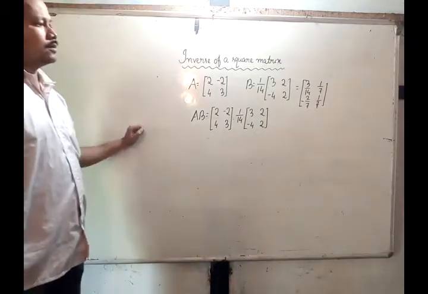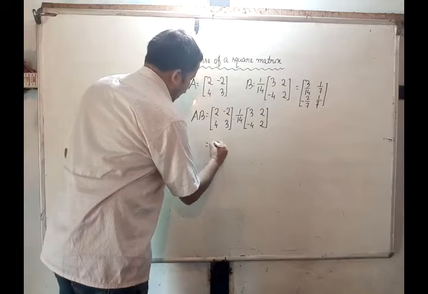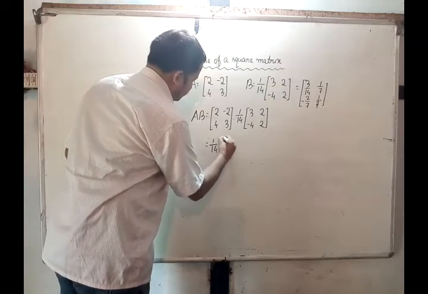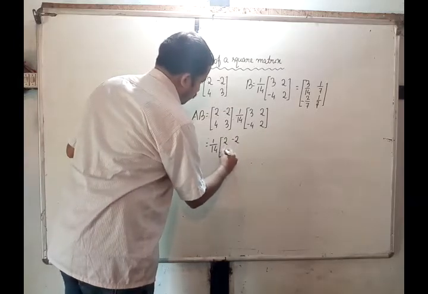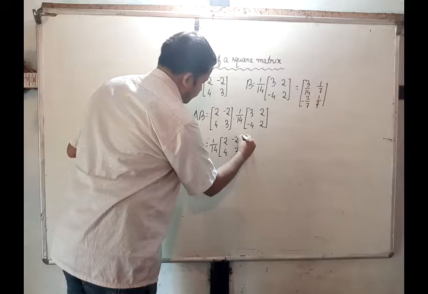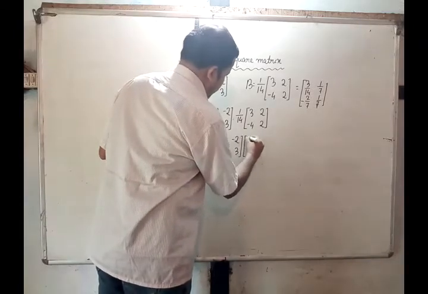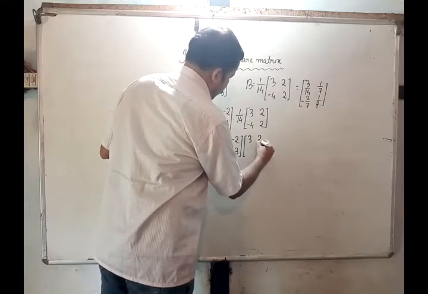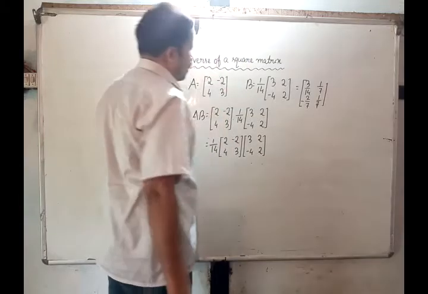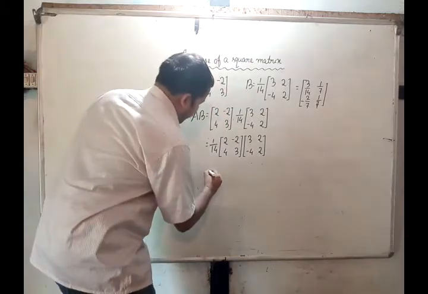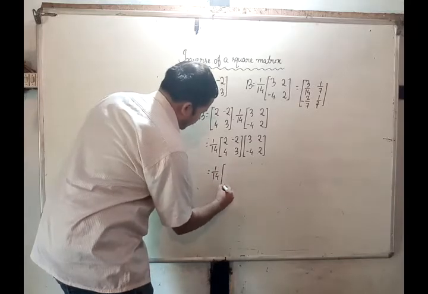Now the scalar 1 by 14 comes in front. Equal to 1 by 14 into the matrix 2, minus 2, 4, 3 into 3, 2, minus 4, 2. Start matrix multiplication.